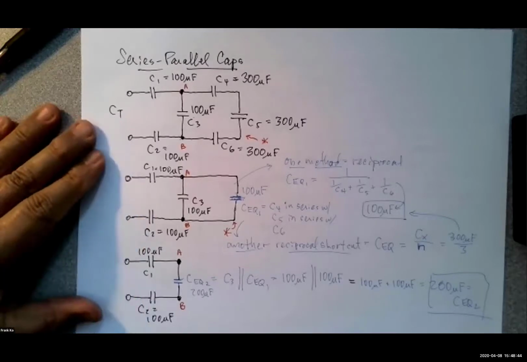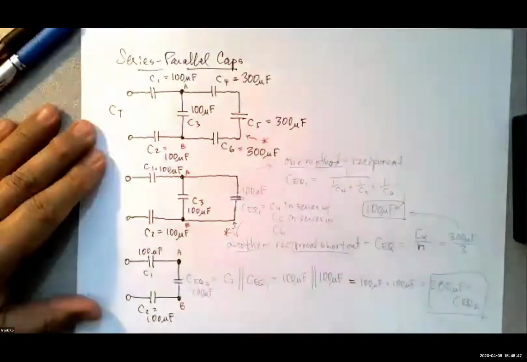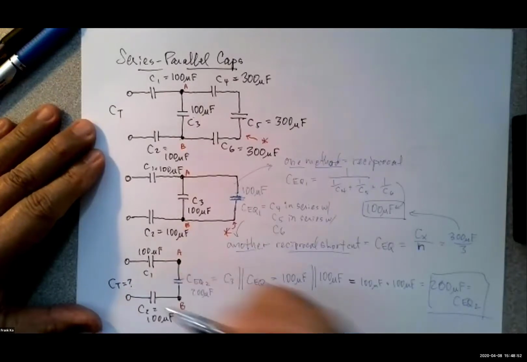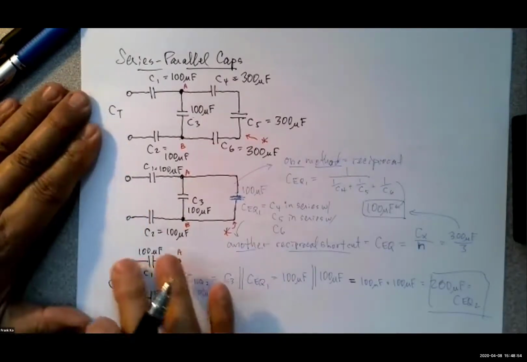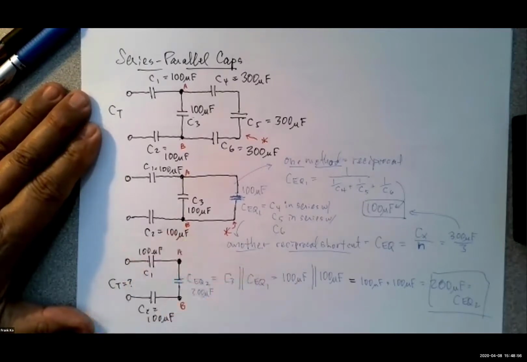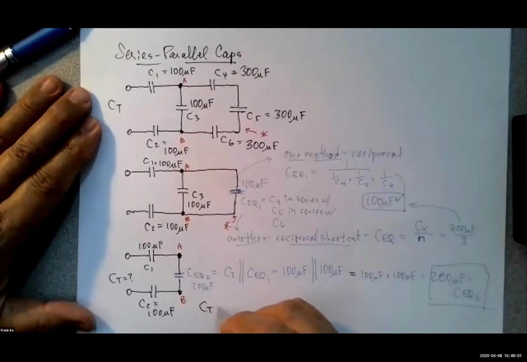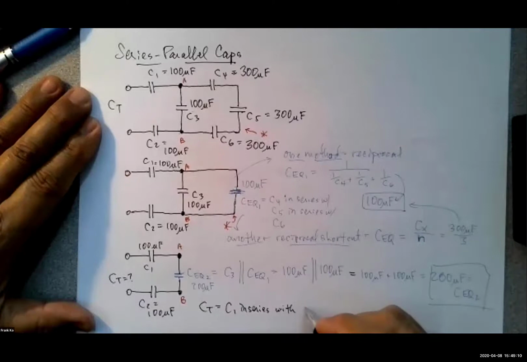All right, so the next thing becomes, what do we do to calculate CT? Because ultimately we're still looking for C total. So C total shows what relationship between these 3 capacitors? C total is equal to C1 in series with C2 in series with C3.